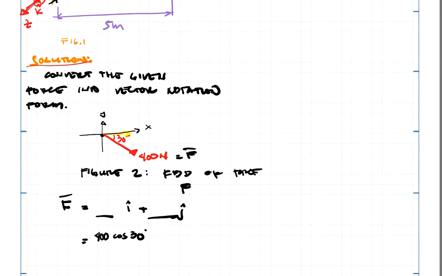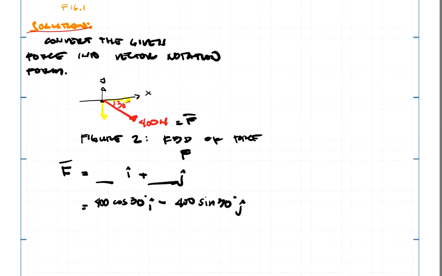Then for the y component, we have the minus 400, what, sine or cosine? Sine 30 degrees. This is i and this is j.